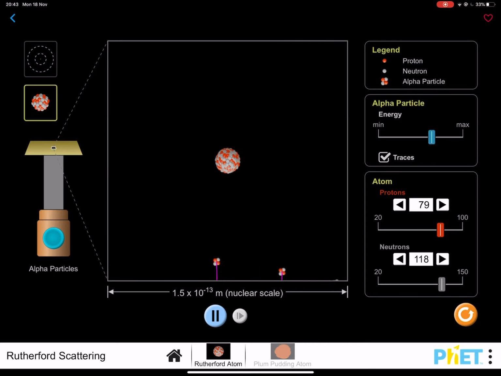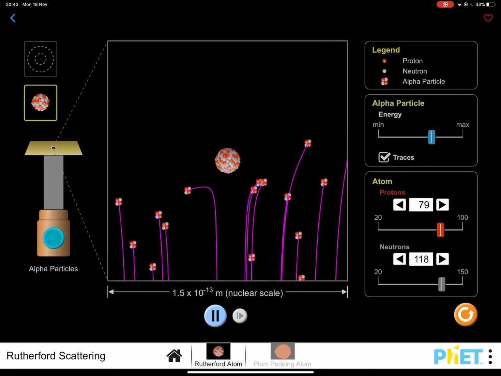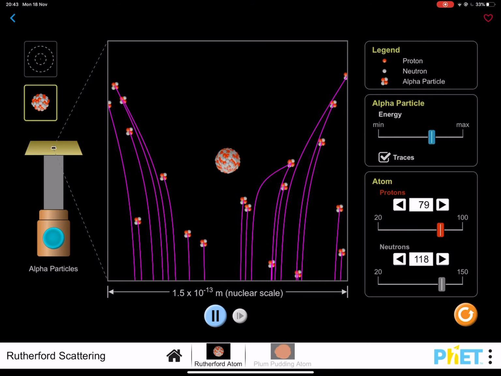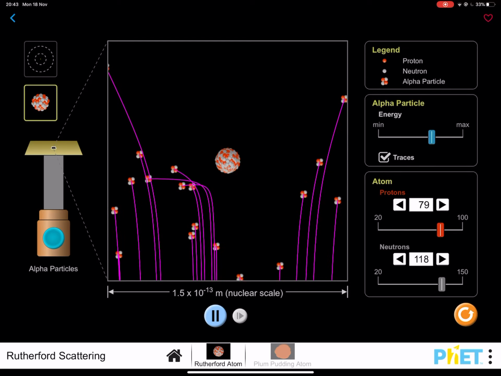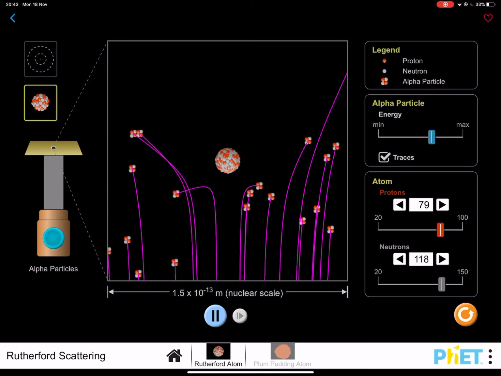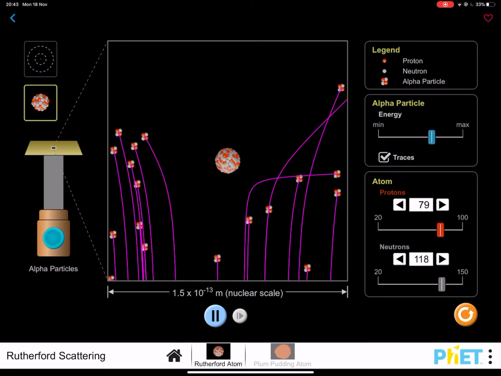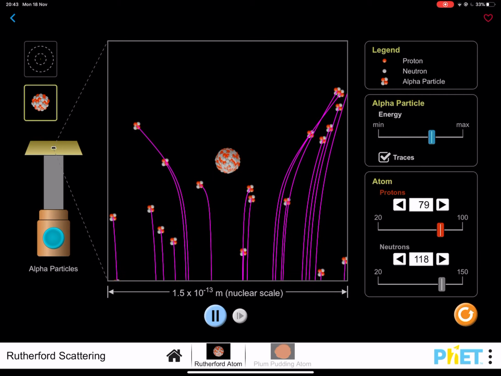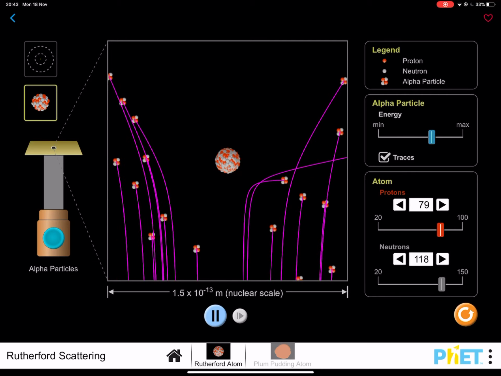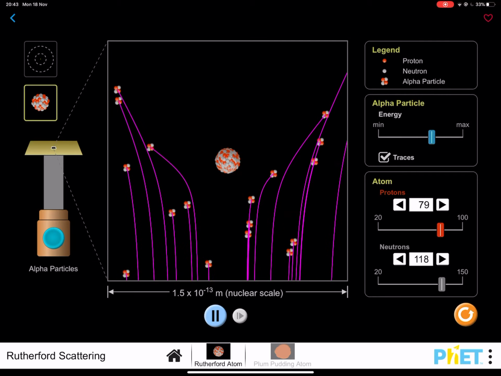Now, we can take another approach here. We can see again alpha particles being accelerated towards a gold nucleus, and as they come close to the gold nucleus, you can see that there is an alteration in their trajectory.